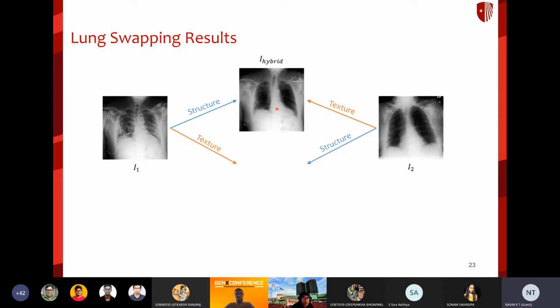Similarly, you can also use the structure of lung 2. In the lower image, you can see the structure of lung 2, and we have been able to artificially introduce the texture from lung 1. So you can see some of the COVID patterns right here.